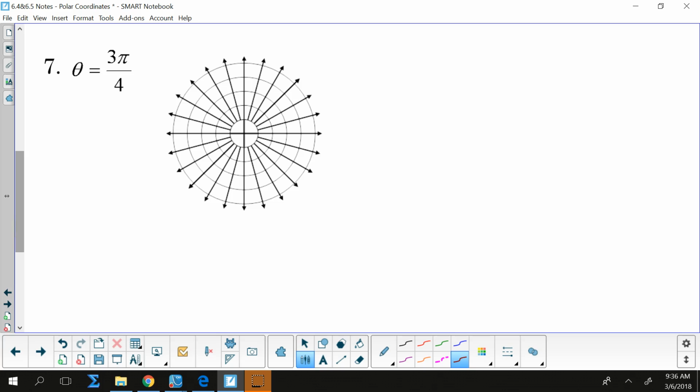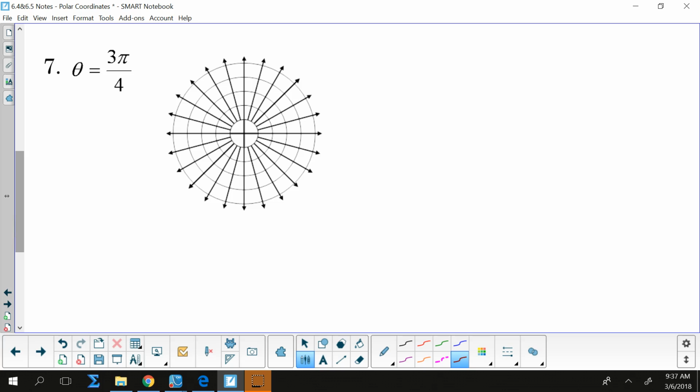Okay? Alright? So, next one. Theta is equal to 3 pi over 4. What does that polar graph look like? Theta equals 3 pi over 4. Would that just be like a straight line from the origin?